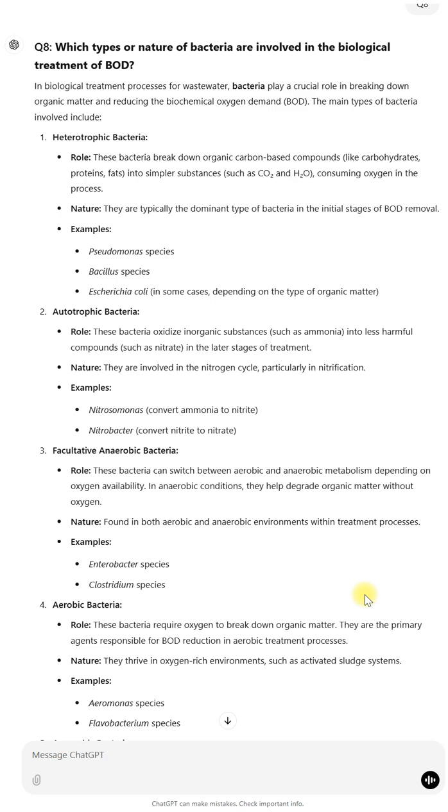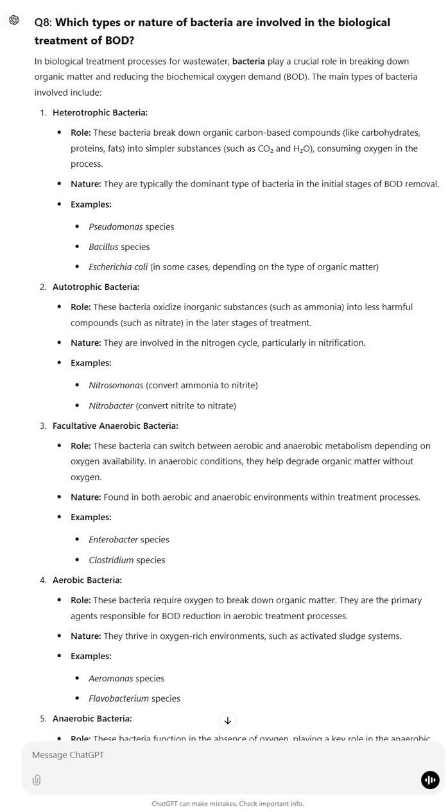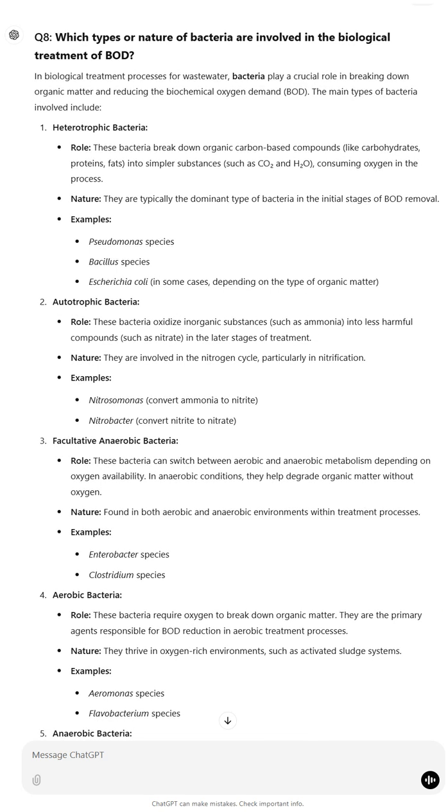Sure. Q8. Which types or nature of bacteria are involved in the biological treatment of BOD? In biological treatment processes for wastewater, bacteria play a crucial role in breaking down organic matter and reducing the biochemical oxygen demand, BOD. The main types of bacteria involved include 1. Heterotrophic bacteria. Role.